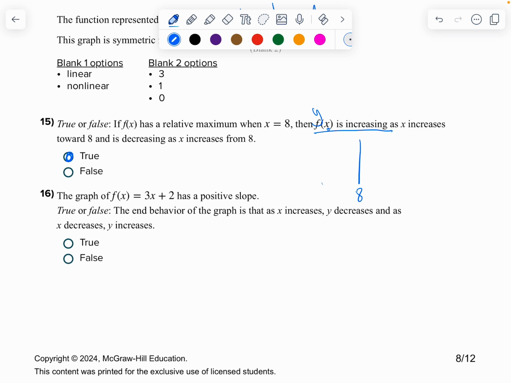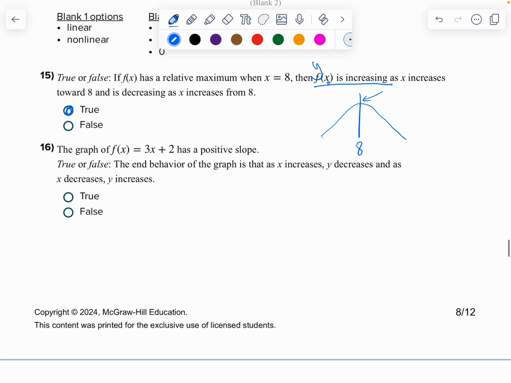By the way, that's the y value. So as x is getting bigger, y is getting bigger. And then it's decreasing as x increases from 8. So it's doing that. So this is a relative maximum.